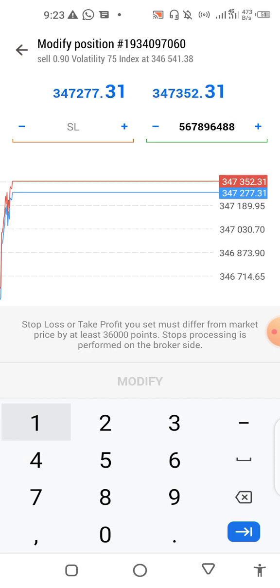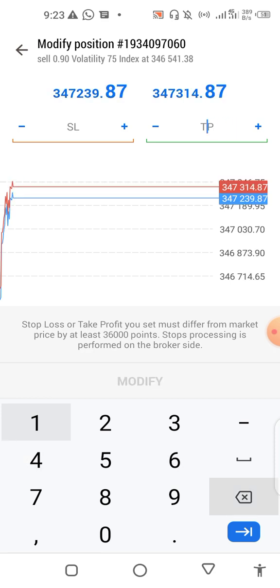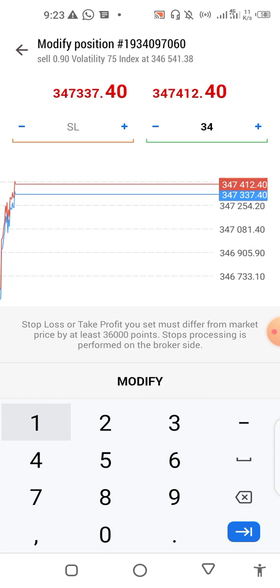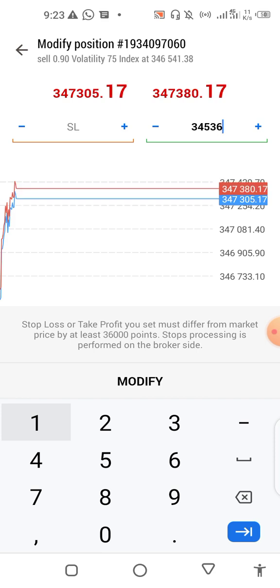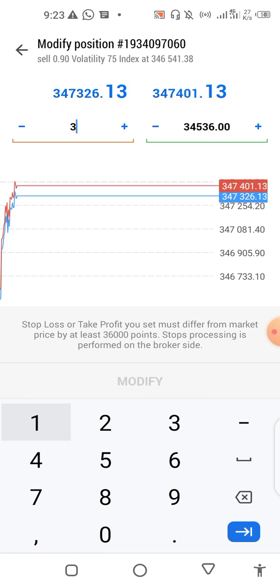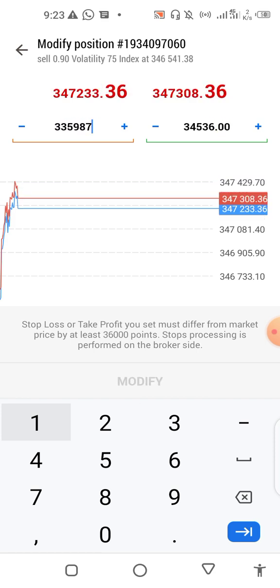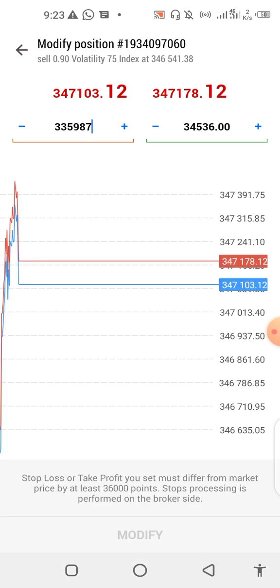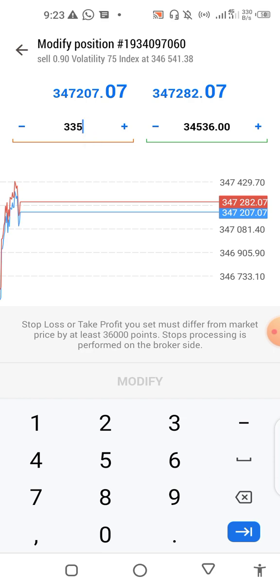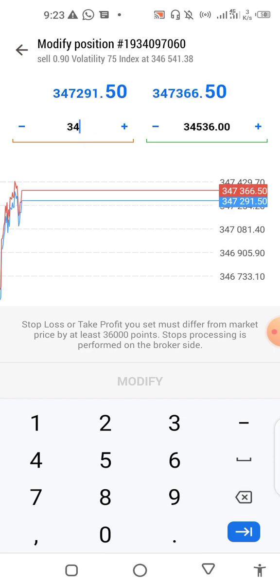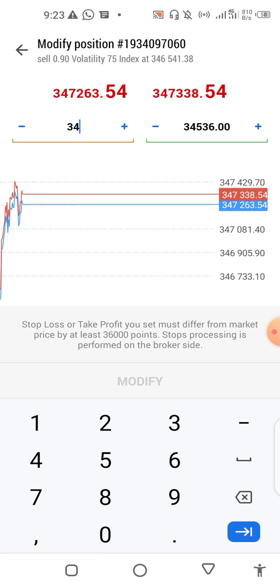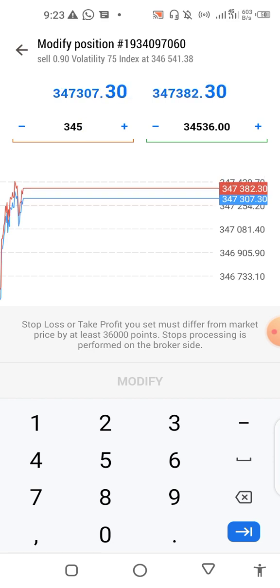and sorry, let me set a stop loss, take profit 345. Okay, let me set a stop loss like this. So right after that, 347. Oh, sorry, 345, like that.